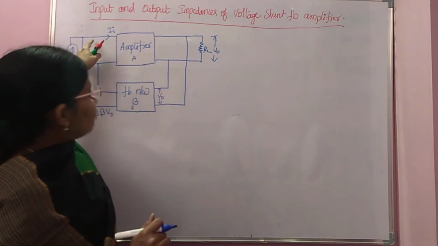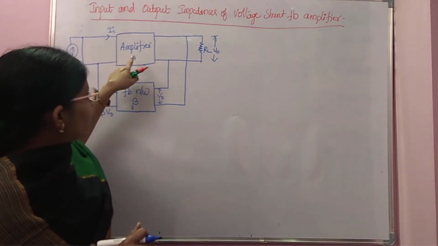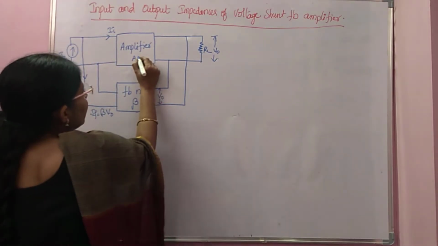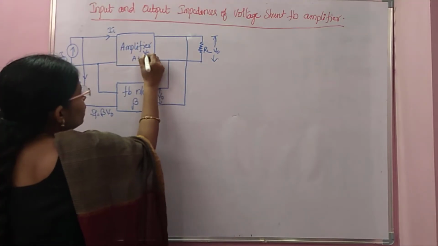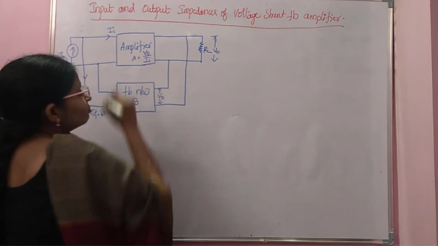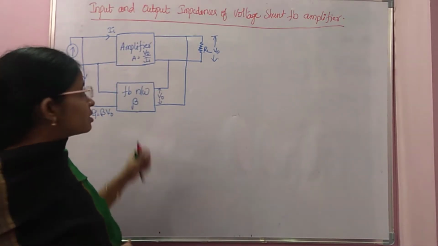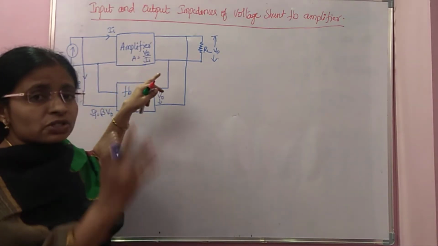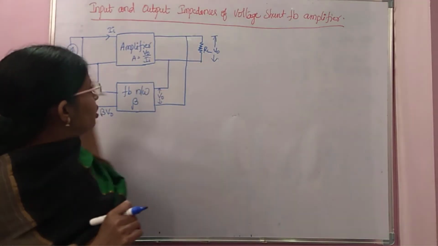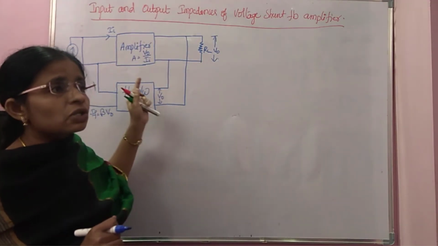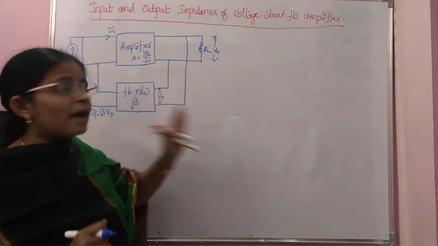Voltage. What is the amplifier input? Current. So the gain of the amplifier is A equal to output voltage by input current. Voltage by current is nothing but resistance, and as one parameter is for output and another for input, this is called a trans resistance amplifier.